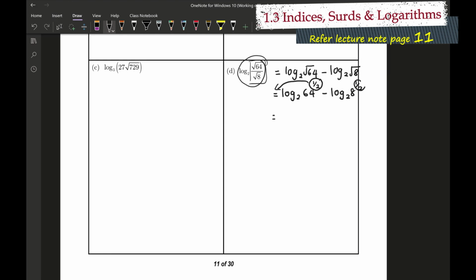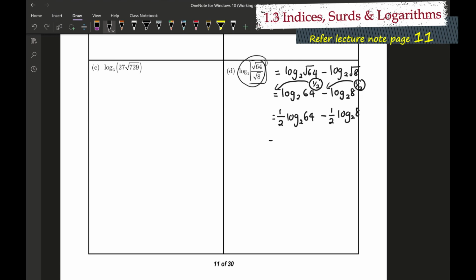we'll drag it to the front. So this one will become 1 over 2 log 64 base 2 minus 1 over 2 log 8 base 2.